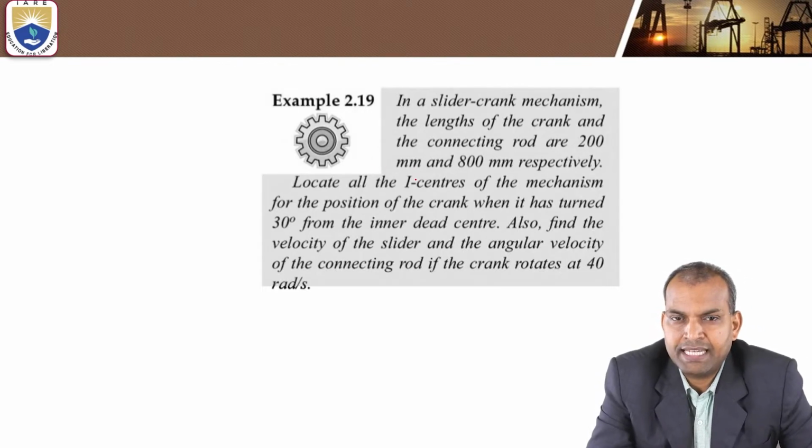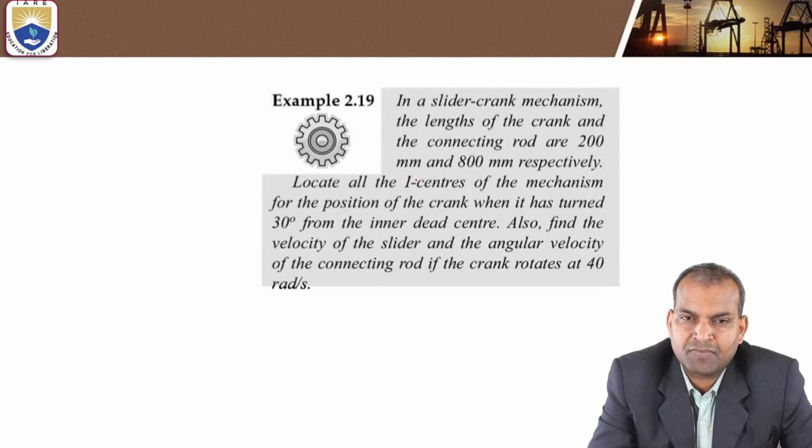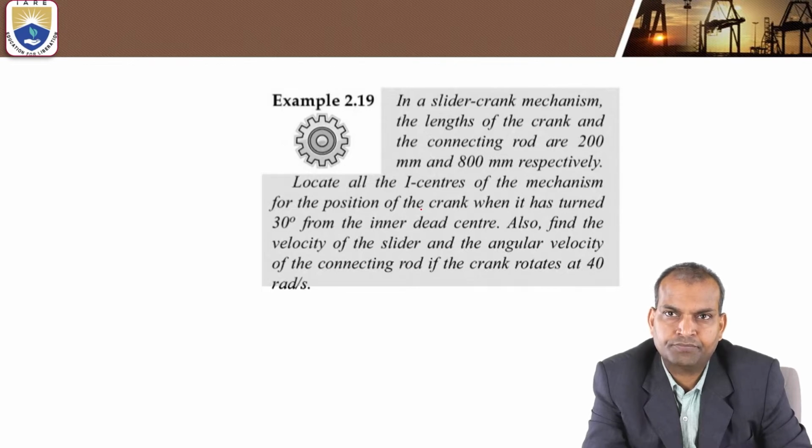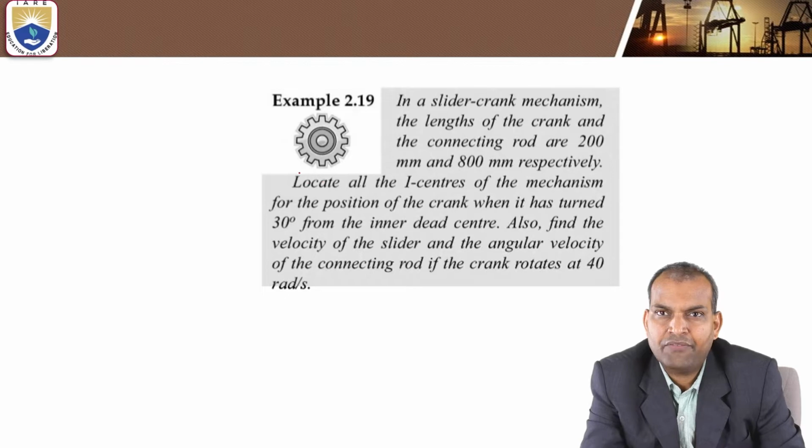In a slider crank mechanism, the lengths of the crank and the connecting rod are 200 millimeters and 800 millimeters respectively. Locate all the I centers of the mechanism for the position of the crank when it has turned 30 degrees from the inner dead center.